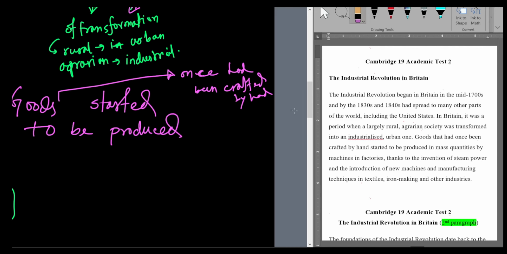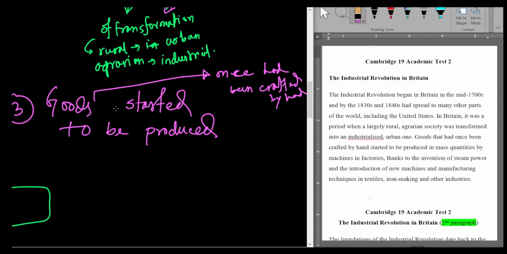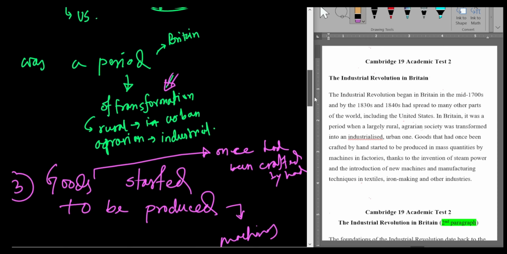So this is our main idea of the sentence: the goods that had once been crafted by hand, but in a later period when the industrial revolution began, were being produced by machines in factories, and so on, because of the invention of new machines and the introduction of whatever it is.